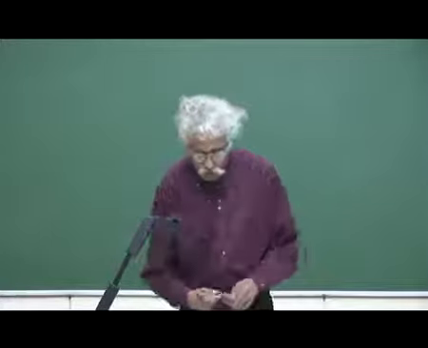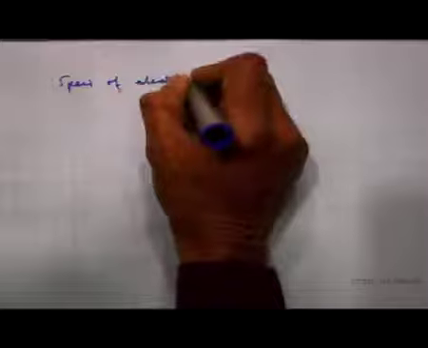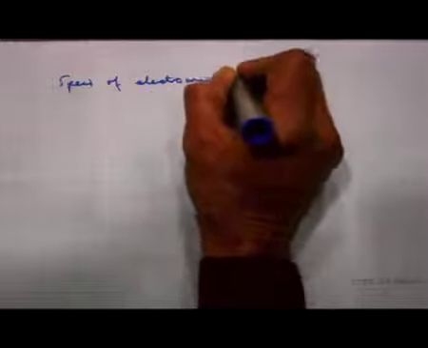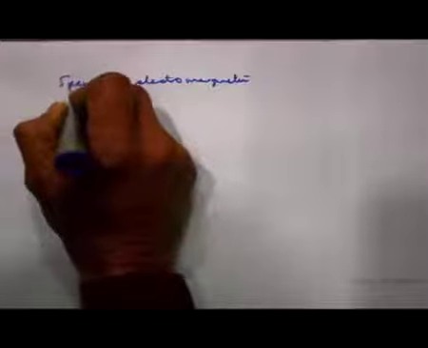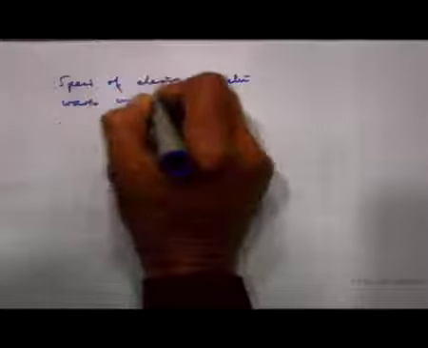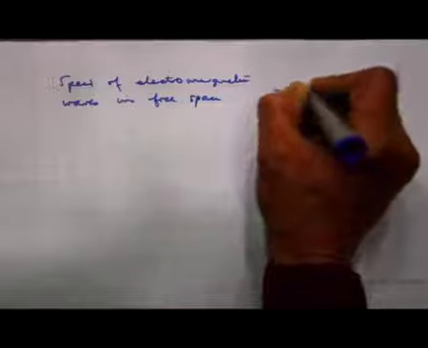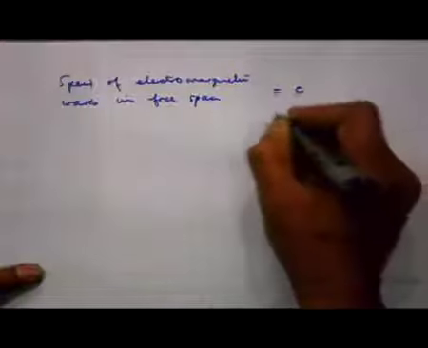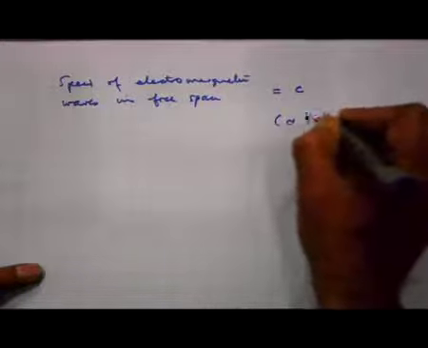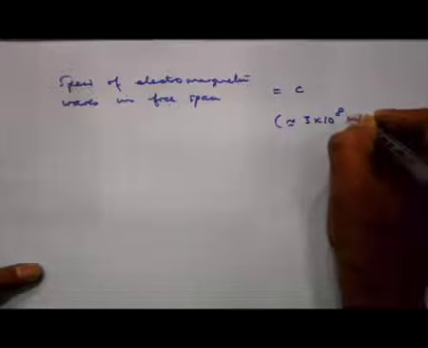And just like before, the speed of electromagnetic waves in free space is c, which is approximately 3 × 10⁸ meter per second.